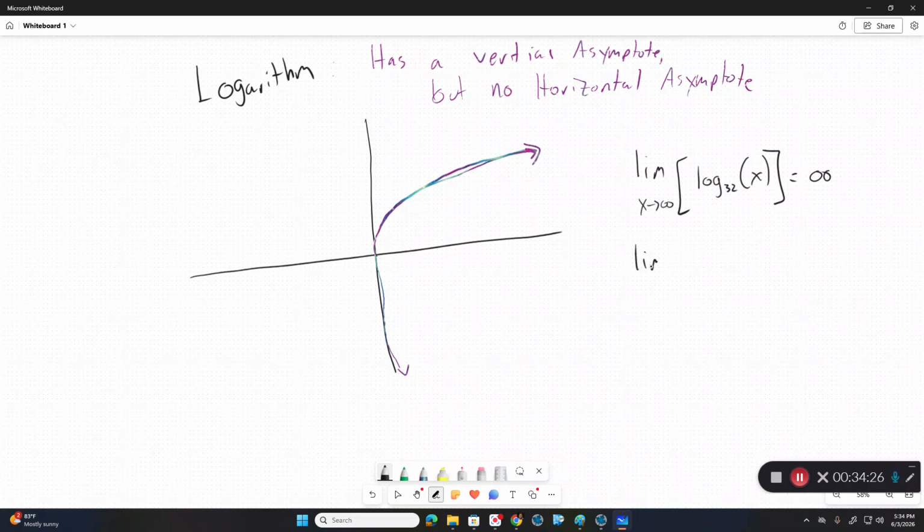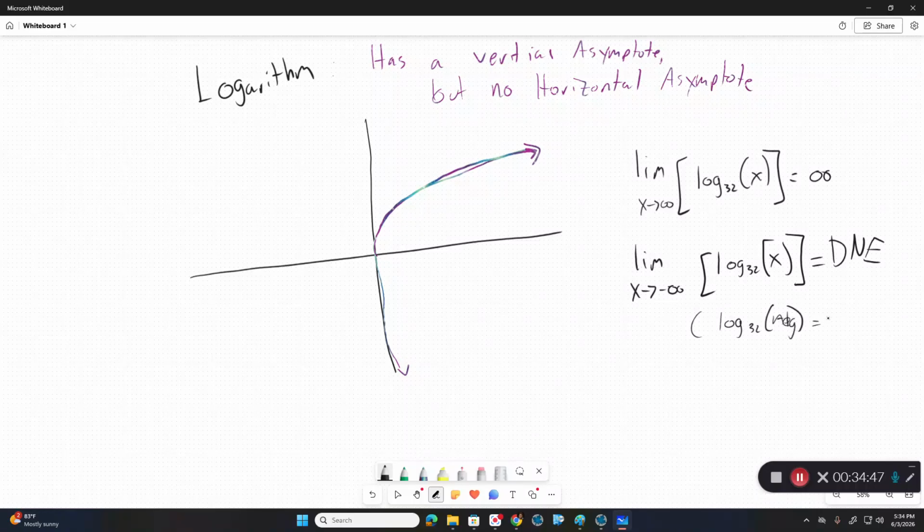Now, the limit as x approaches negative infinity, you've got to be real careful with these logarithms, because log base 32 of negative 1, or any negative number, is not allowed. We have to restrict a lot of these logarithms from having negative values.